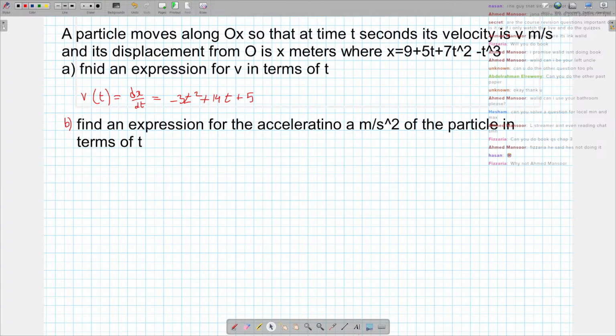How do we find a, guys? a is just the derivative of velocity with respect to time, which is what? Derive this again. 2 times minus 3 is minus 6, reduce by 1, t. 1 times 14 is 14, reduced by 1, there's no more t. 5 is gone. Okay. Minus 6t plus 14 meters per second squared. Part C.